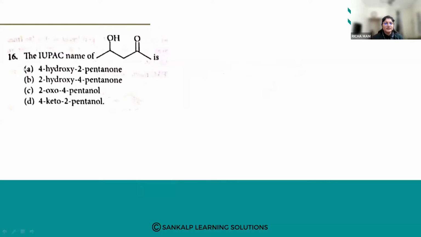Let us go for the next one. So this is a compound. Tell me the IUPAC name. What is the IUPAC name of this compound?